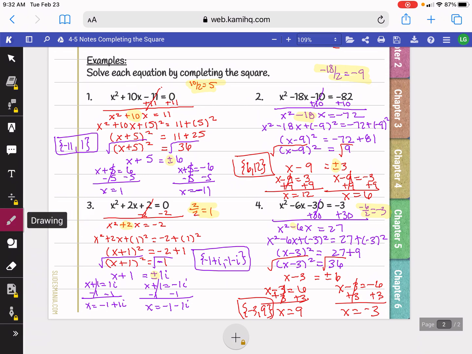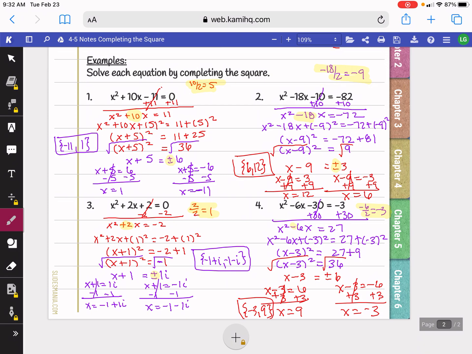So again, this method's called completing the square. Get your constant to the other side. Take your b divided by 2. You're completing the square, so you're going to add (b over 2) squared to both sides. You rewrite it as the square of a binomial. The reason you do that is so you can take the square root. Don't forget when you take the square root that you can have two answers, one positive, one negative.